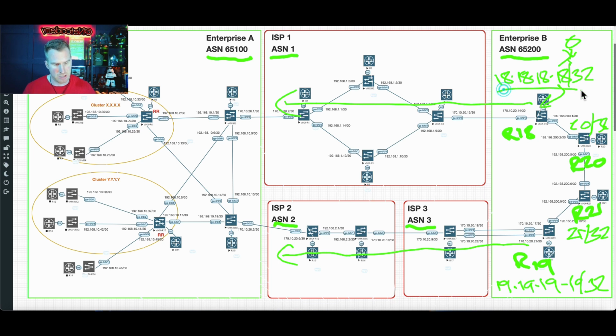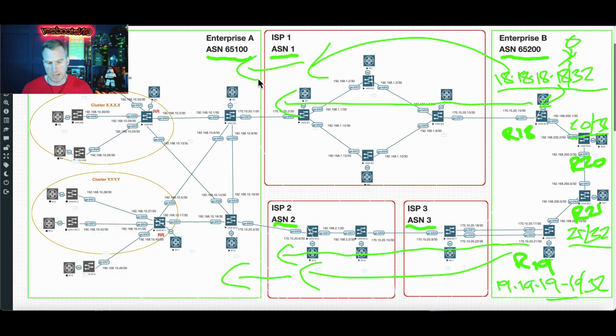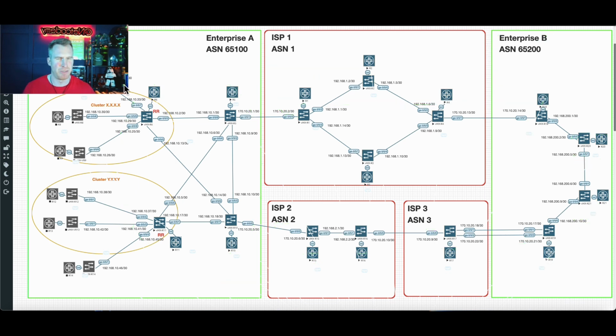So the 18.18.18.18/32, the 19/32, the 21/32, the 20/32, they're being advertised in both directions across the service provider networks, and they are all coming into the Enterprise A environment. As such, all these routers here have full visibility of Enterprise B's network and all those /32s in that network. And I've just tidied the screen up a little bit.